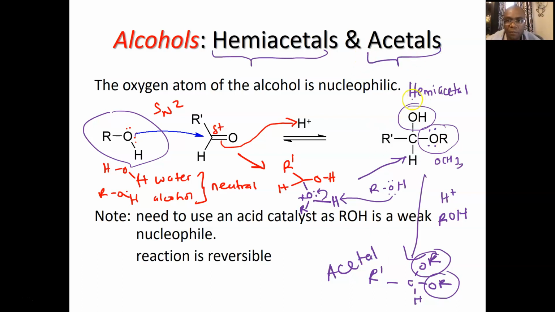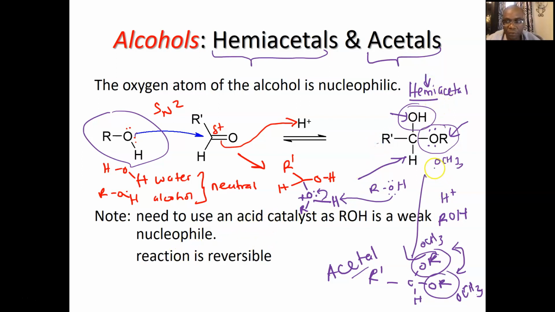Hemi means half, so half the acetal. Where you have 2 OR groups, this could be OCH3, OCH3, or OEt, OEt, or an oxygen to a ring. It doesn't matter. Whenever you have 2 OR groups, that's called an acetal. Where you have 1 OH and 1 OR, that's half the acetal, so it's a hemiacetal.